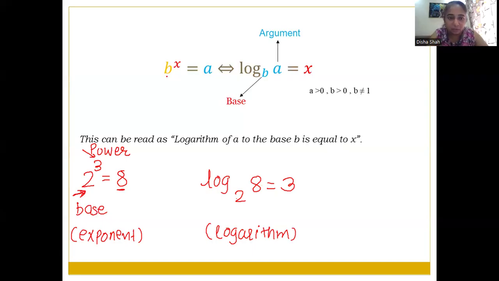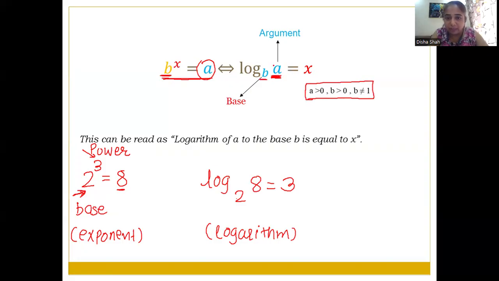That is, if any number is written as b raised to x is equal to a, then this can also be written as log of a. This answer comes here. Log of a, the base will remain the base only, and the power has to be separated. So this can be written as log of a to the base b is equal to x. Here you have to keep 2-3 things in mind. First thing, a should be greater than 0, b also should be greater than 0, and b can't be equal to 1.